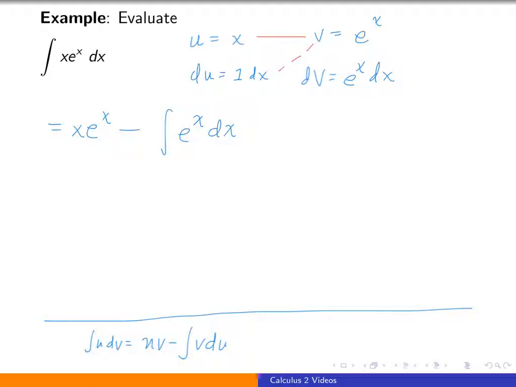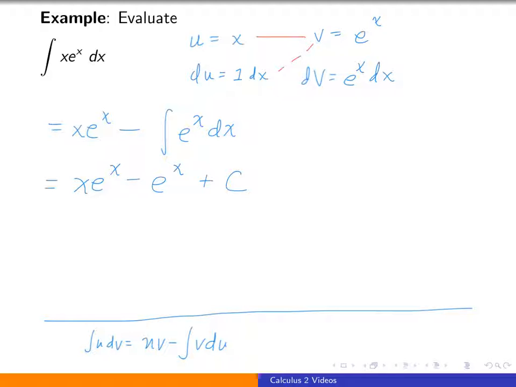So as mentioned, integration by parts does not solve the integral, but what it does is expresses it in terms of an integral that we can evaluate much more efficiently. So the x e to the x comes along for the ride. The antiderivative of e to the x is e to the x. So we very quickly have our antiderivative.